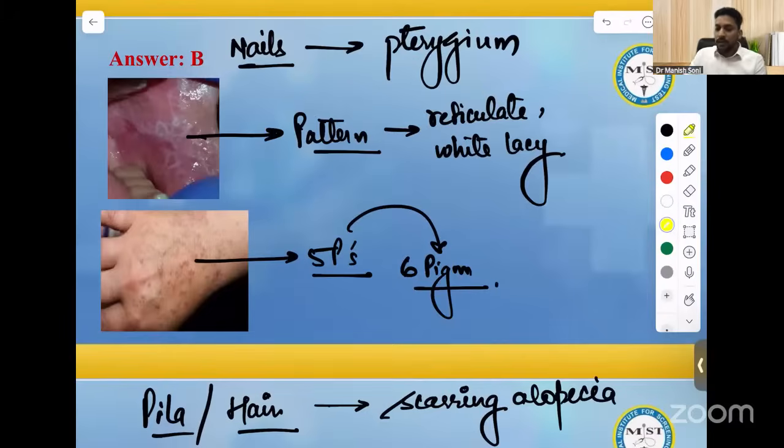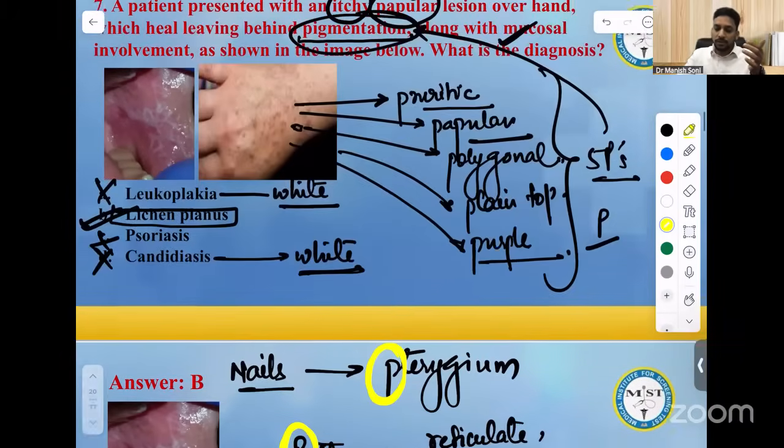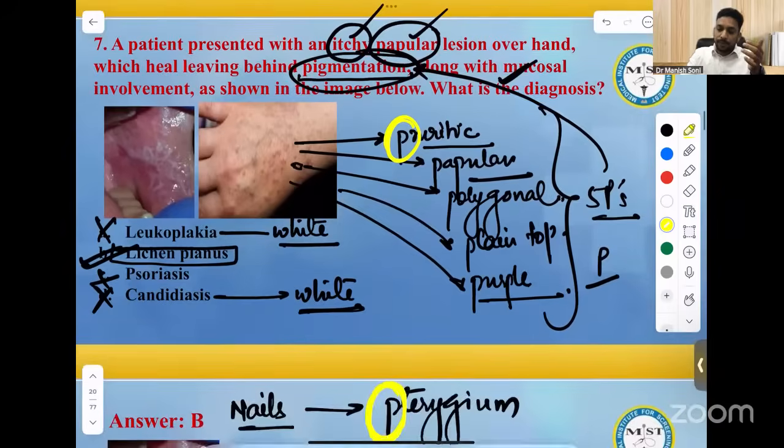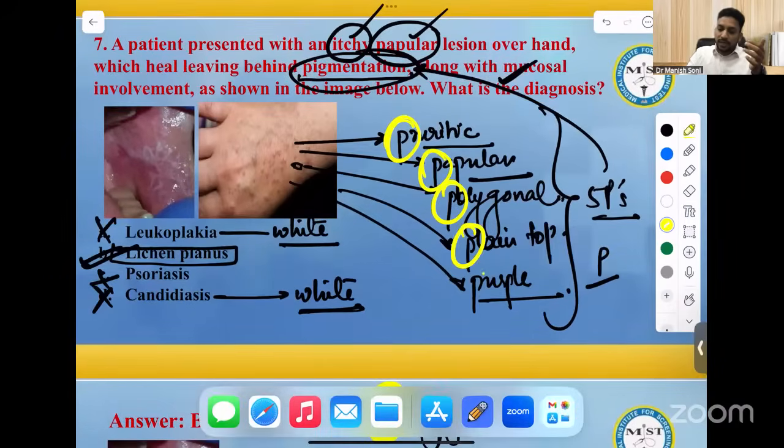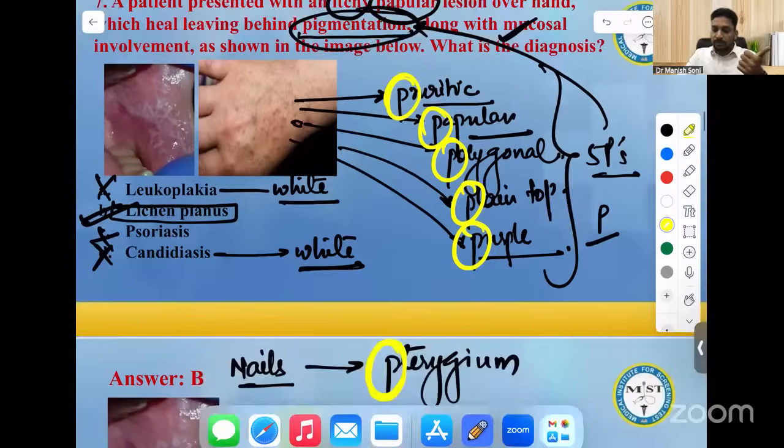So remembering lichen planus is so easy. You just need to remember one alphabet. Pterygium over nails, pattern over mucosa, 5 P's over skin, that is plain purple polygonal pruritic papules, already told you. So these P's are seen over skin.